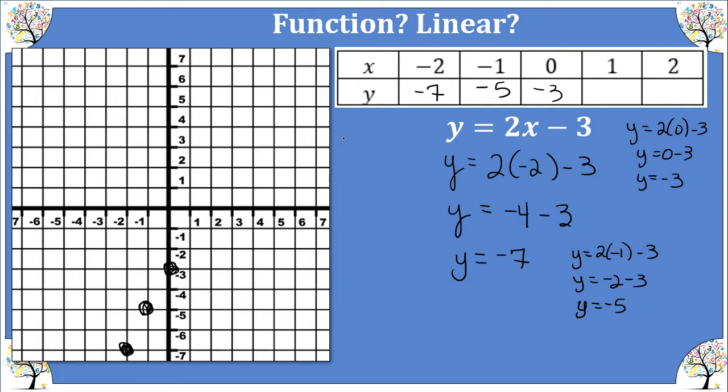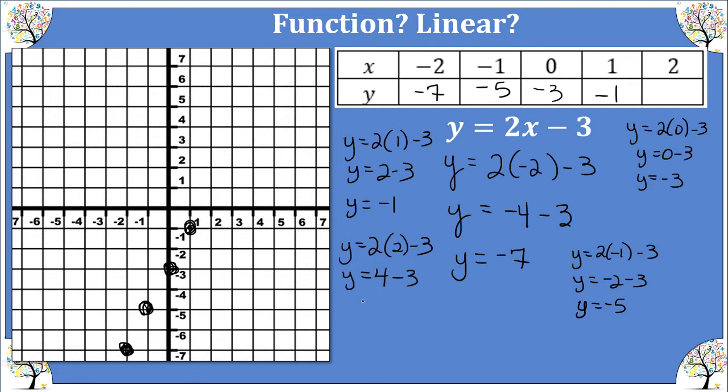Now let's plug in 1 for x. So you see how this works? Really easy. And our output value is -1. So we're going to plot 1, -1. In our last value, 2 times 2 is 4, minus 3 gives us 1.